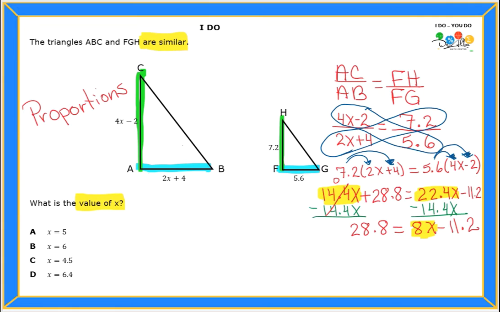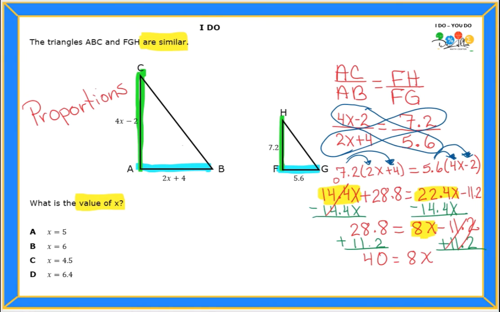Next I need to eliminate the constant 11.2, which is being subtracted. The opposite of subtracting is adding 11.2 on both sides. So my 11.2 on the right and my minus 11.2 cancel, and 28.8 plus 11.2 gives me 40.